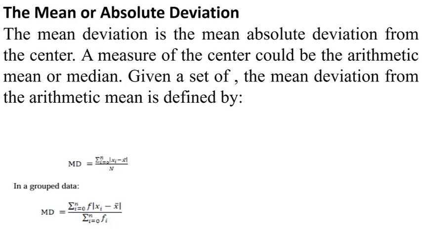So last time, when we were studying measures of location, we talked about grouped data and ungrouped data. In the case of ungrouped data, MD is summation of absolute value of xi minus x bar over n, while in grouped data the mean absolute deviation is given as summation, i ranges from 1 to n, of f times absolute value of xi minus x bar.